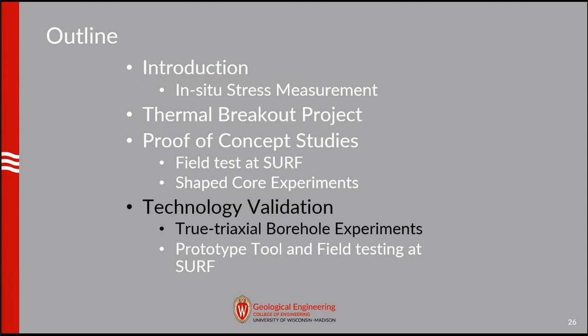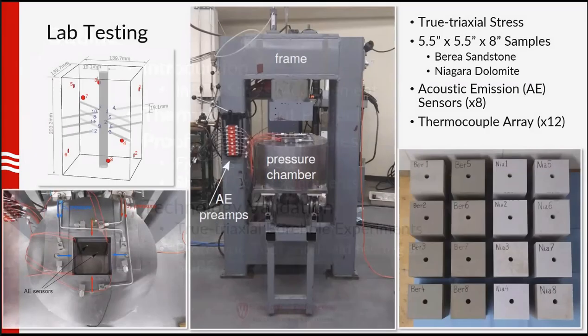So this is where our group in UW-Madison contributed, through performing these true triaxial borehole experiments. So how is the experiment done? This is a true triaxial apparatus that was originally made by Professor Haimson. What you can see in the middle is the load frame with the pressure chamber in the middle.